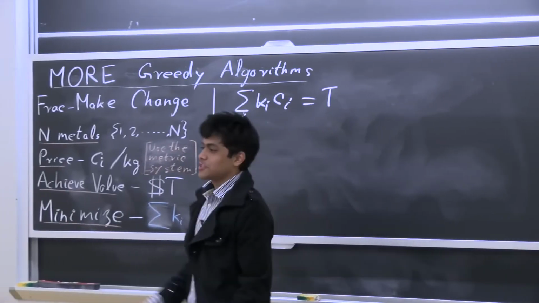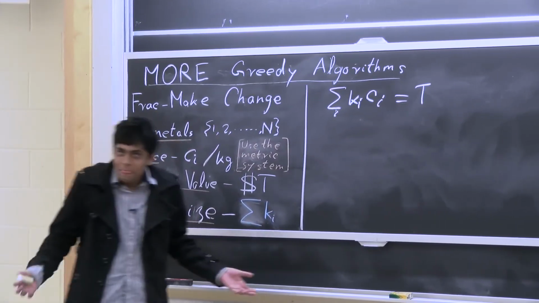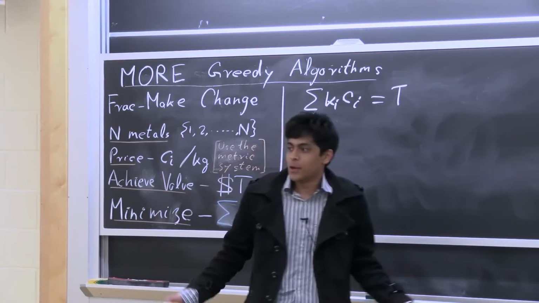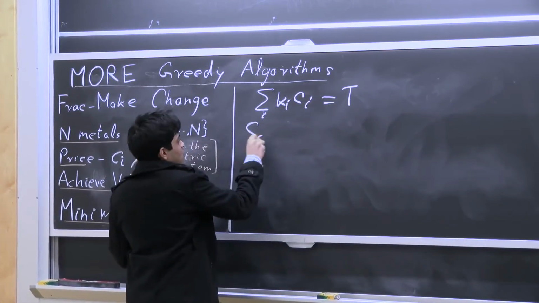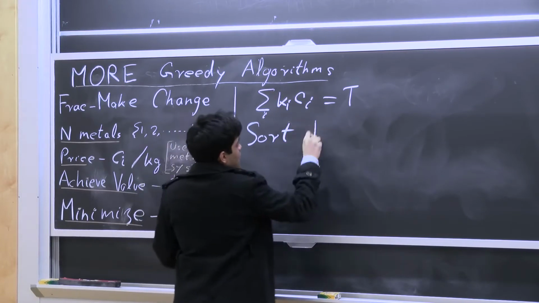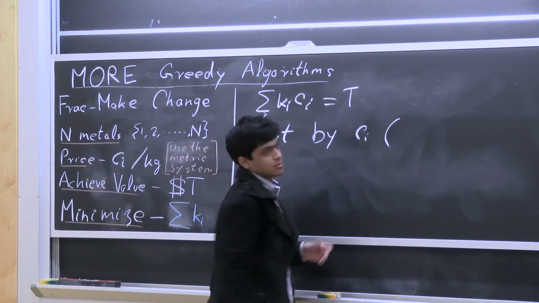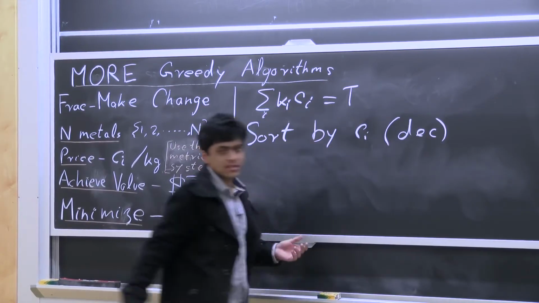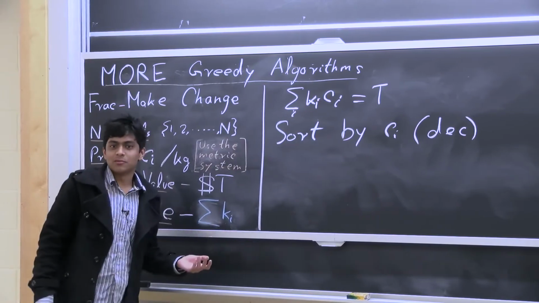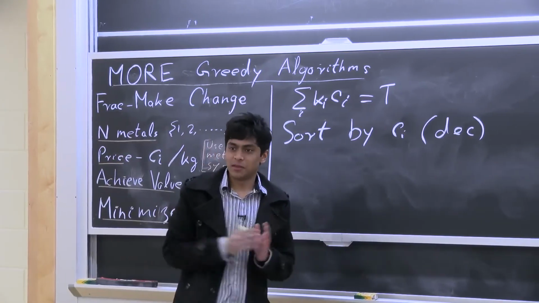It should seem intuitive that if you want to minimize the weight of the metal, you would want to pick the most expensive one per weight. So let's start by sorting by Ci, in decreasing order. If you have the most expensive metal, you want to use as much of that as you can so that your weight is minimized.